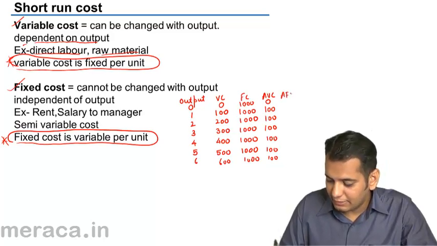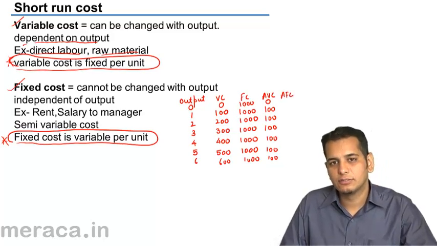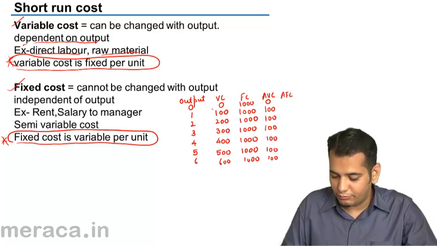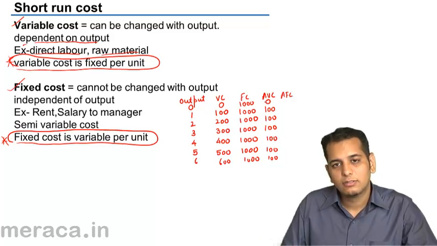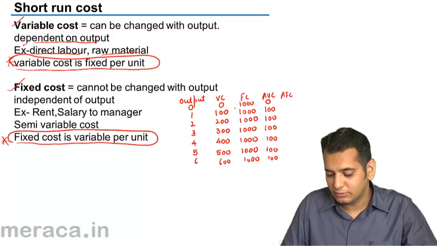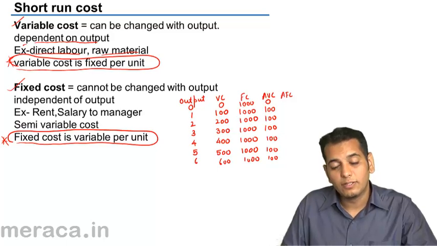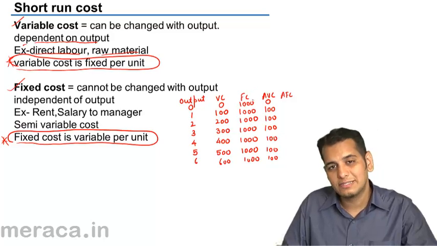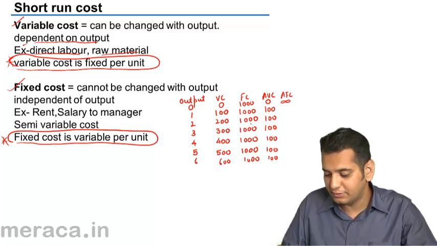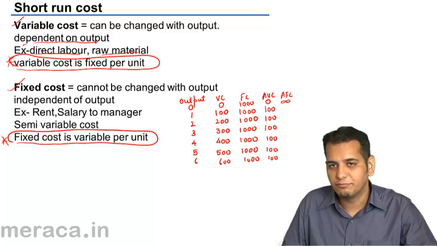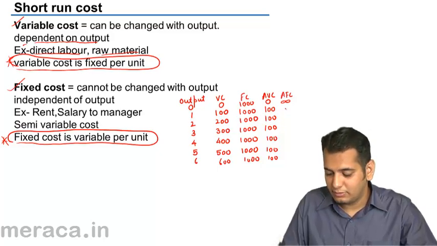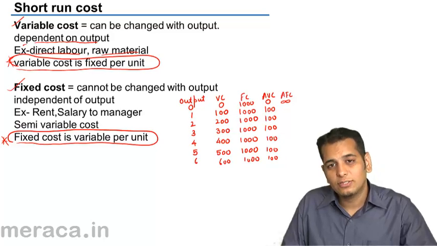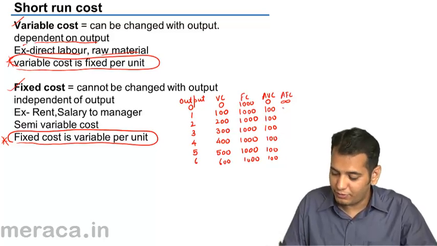Likewise, we'll calculate the average fixed cost. The fixed cost for producing no units is 1000. You'll have to incur it. So 1000 divided by 0, in maths it is meaningless. Let's say infinity. For the next level, 1000 is the cost for producing 1 unit.